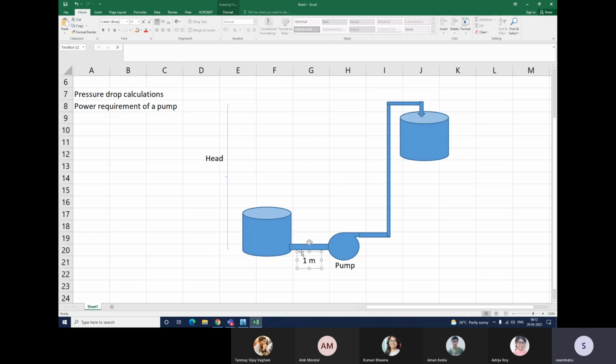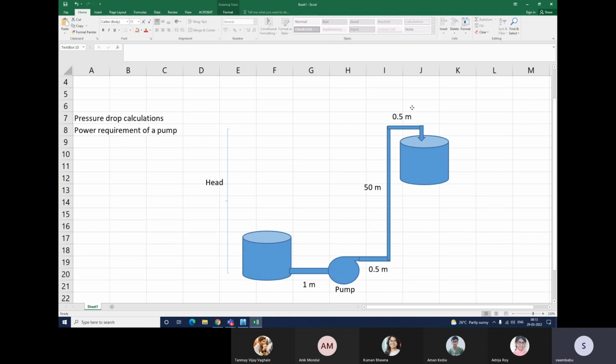Now let's say this is half a meter, 0.5, and let's say this vertical pipe is 50 meters, and there is another 0.5 meters, and let's say this is 0.25 meters.